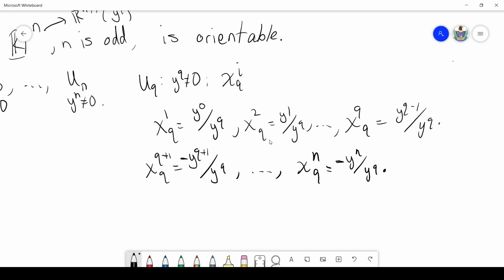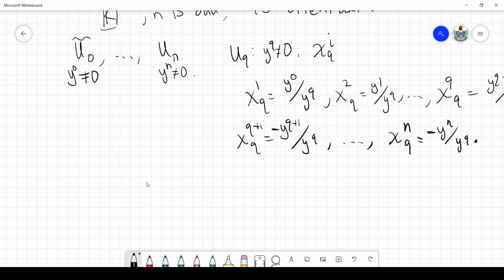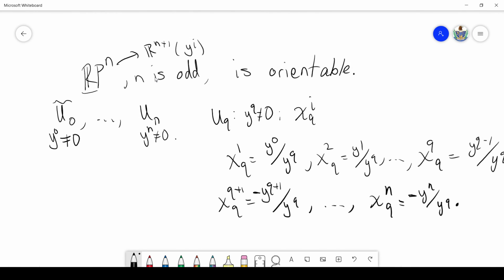And so we can see that we have n coordinates, right? So this is an n-dimensional manifold. And when I said this comes from Rn plus 1, that's because RPn is, remember, a sort of quotient space of Rn plus 1.